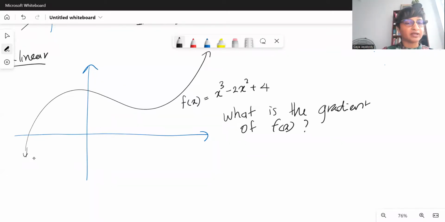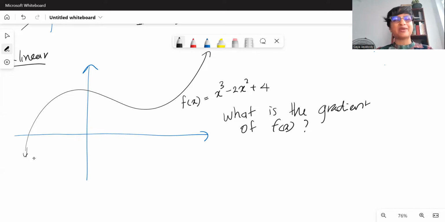Look at this. It's a curve. What would you say to my question? It's always changing. So is there any meaning to my question?